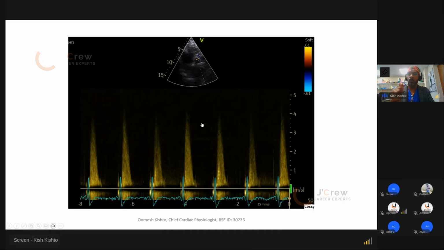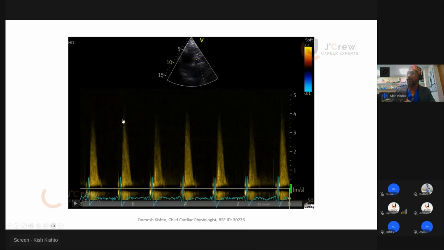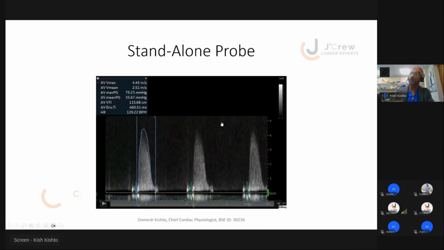But normally I use a standard probe on the right sternal edge, get the patient to turn around to the right, and I do it that way first to locate it, and then sometimes if I don't get anything, I take the standalone probe. But clearly, even with a normal probe we are already just above 4, so that's a good sign. And then when I use a standalone probe, as you can see, I got 4.45, even better.